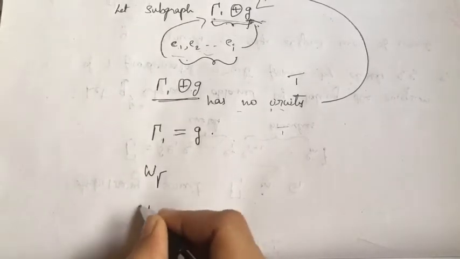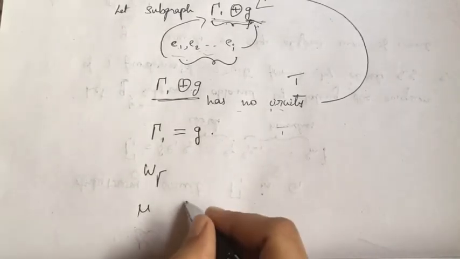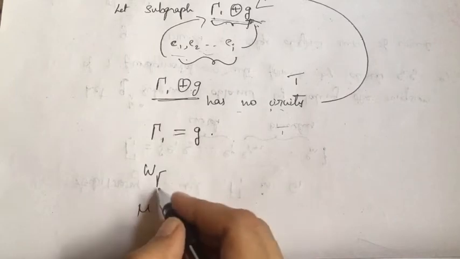We have already proved that they are linearly independent, and now I am proving that the vectors corresponding to fundamental circuits span W gamma. Therefore, mu circuit vectors form a basis for the subspace W gamma.